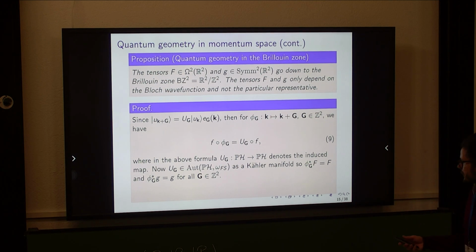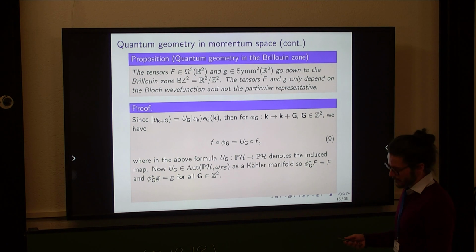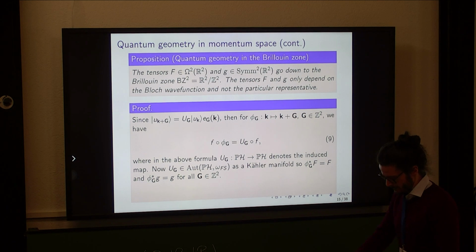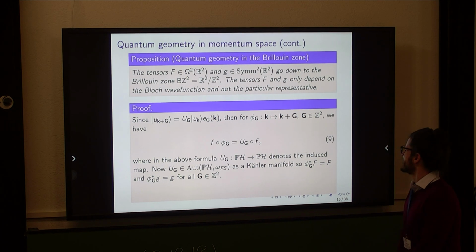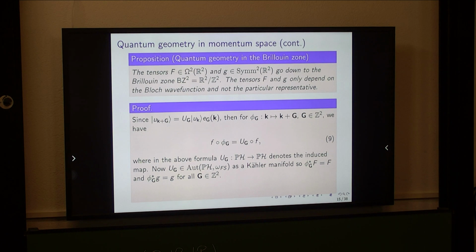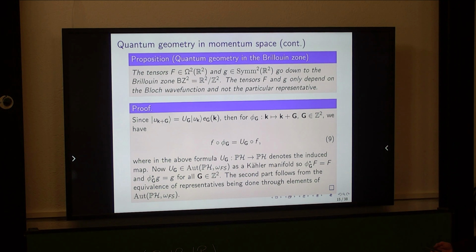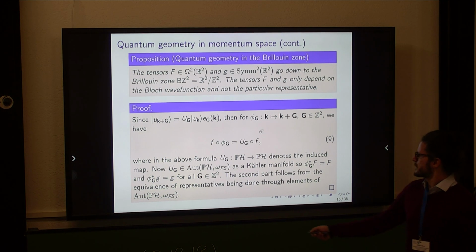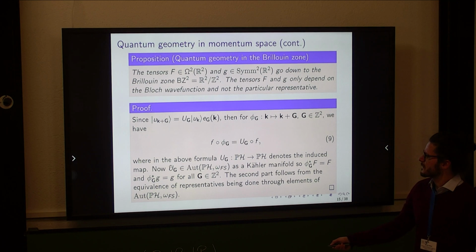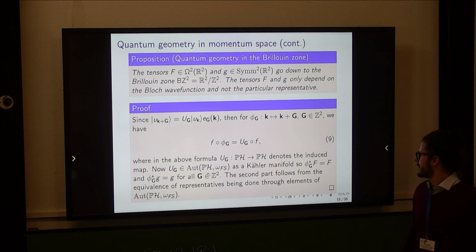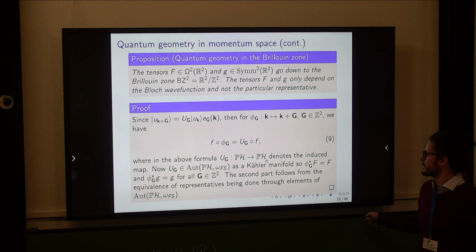And of course, the same holds by multiplication by the... Okay. This is good. And the second thing I wanted to say is that this unitary is essentially an automorphism of the Kähler manifold, and this holds.